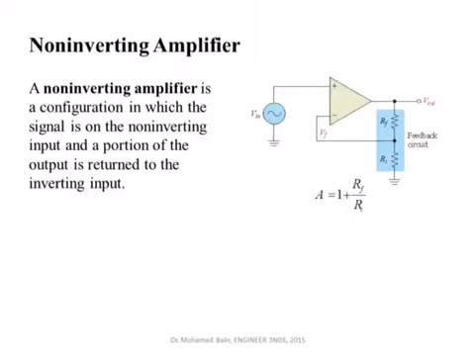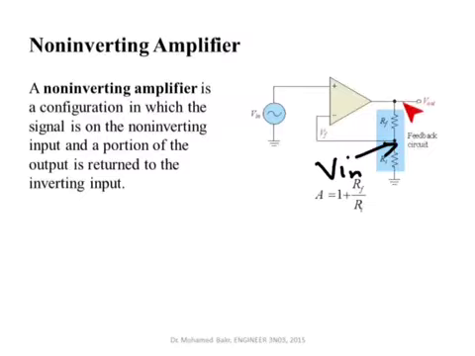This means that the voltage at this point is equal to Vn. Now, because there is no current flowing into the negative terminal, all the current that flows in Rf must flow in the other resistor Ri. So we can write one equation saying that this current is equal to this current.